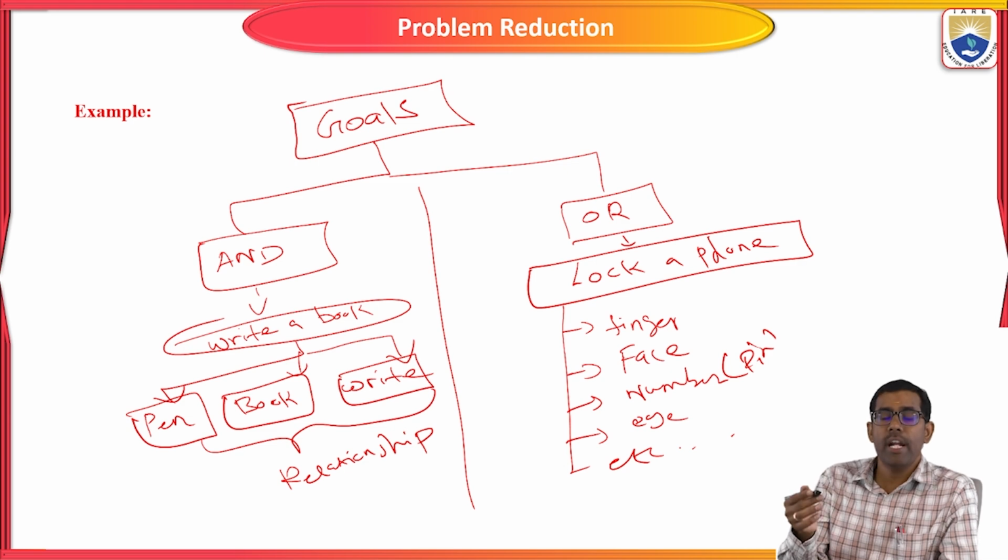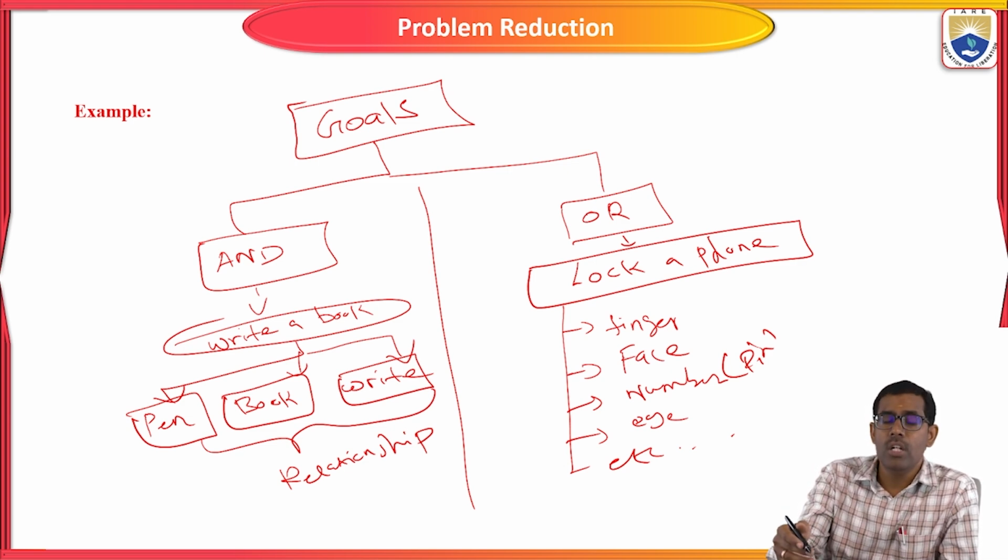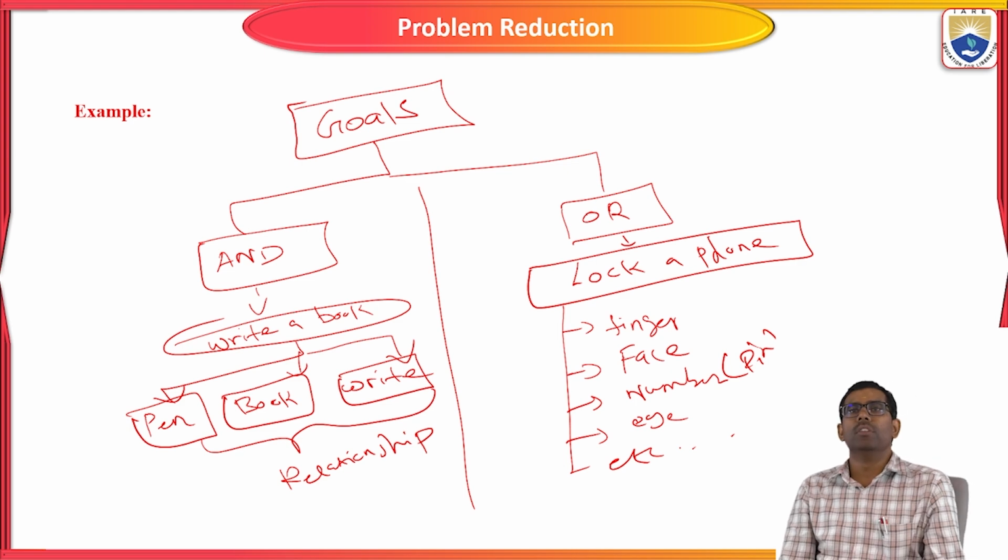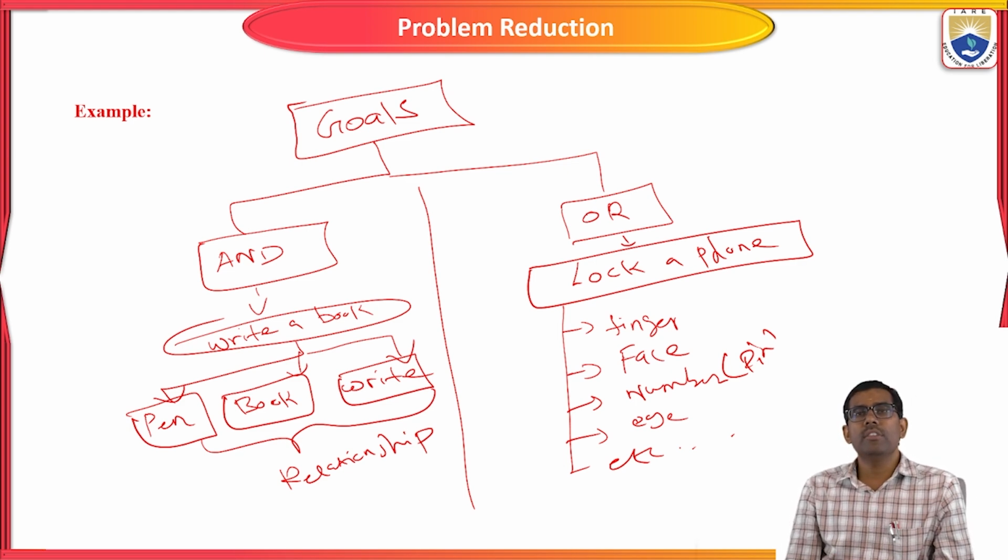We can use any one method, any one concept, to lock our phone, right? So this one is an OR graph.